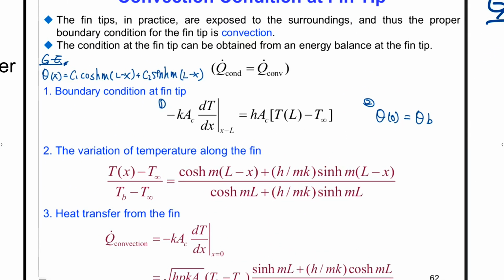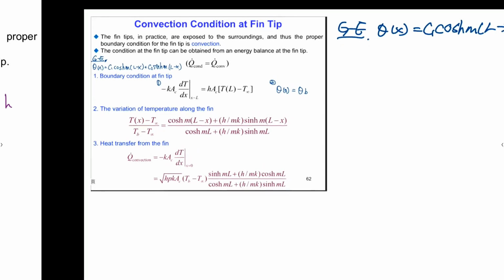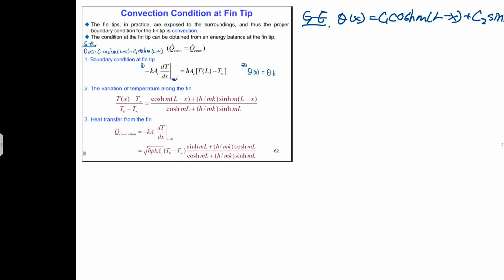So the boundary condition on the tip will look like this: minus Ka dT/dx at a certain position equals the h times the area times the temperature difference, with x equals L at the tip.